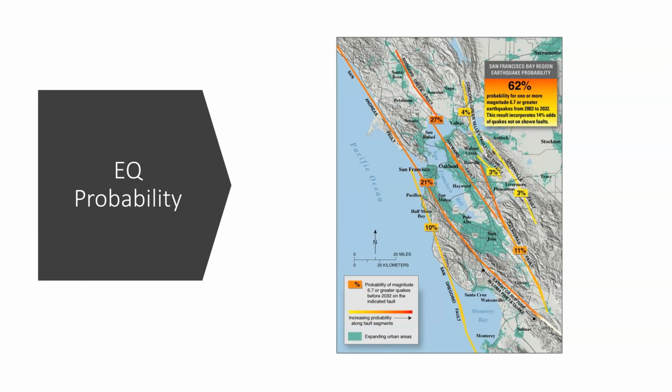So the earthquake probability maps are obviously fairly high for anything along the San Andreas. But to give you an idea, the San Francisco Bay Area has an earthquake probability of 62% of probably one or more magnitude 6.7 or greater earthquakes between 2003 and 2032. So we haven't really seen anything that high in this time period.